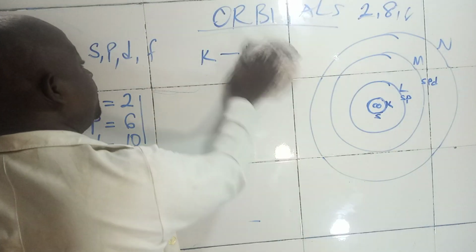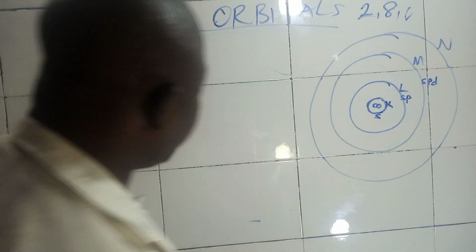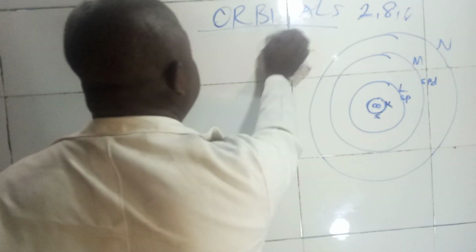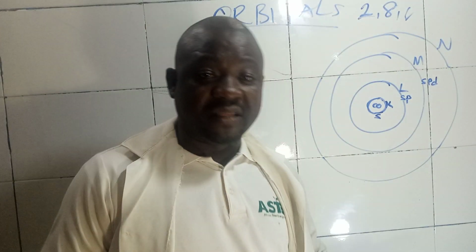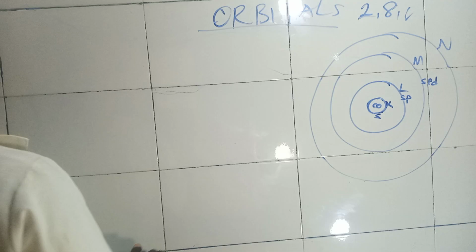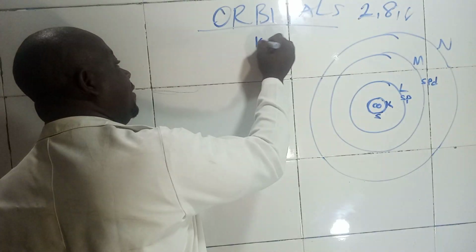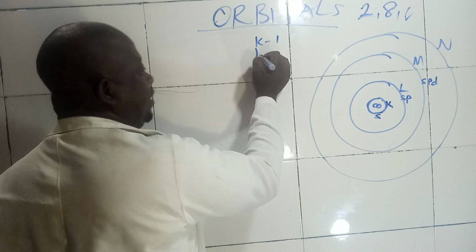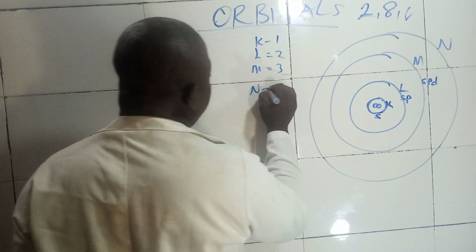So let's go further on this. Before that, there is what we call the Pascal triangle. Maybe I'll teach that one in mathematics. Now, I told us I'm going to combine both further mathematics and mathematics together. So in Pascal triangle, like I just told us, we have the K, which is 1, the L, which is 2, the M, which is 3, and the N, which is 4.